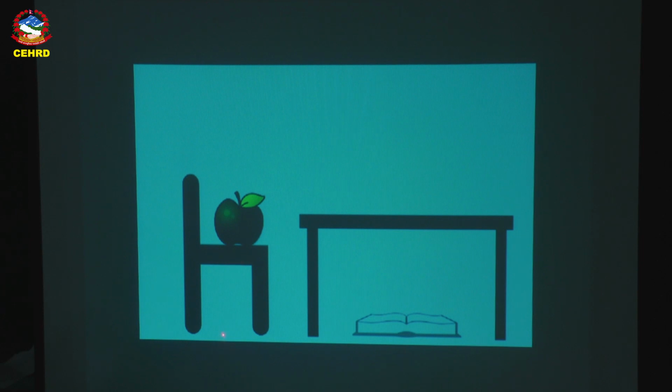Where? Under the chair? No. Is it over the chair? No. It is on the chair because it is touching the surface. And there is another book. So where is the book? The book is under the table, right? Under means straight down without touching.